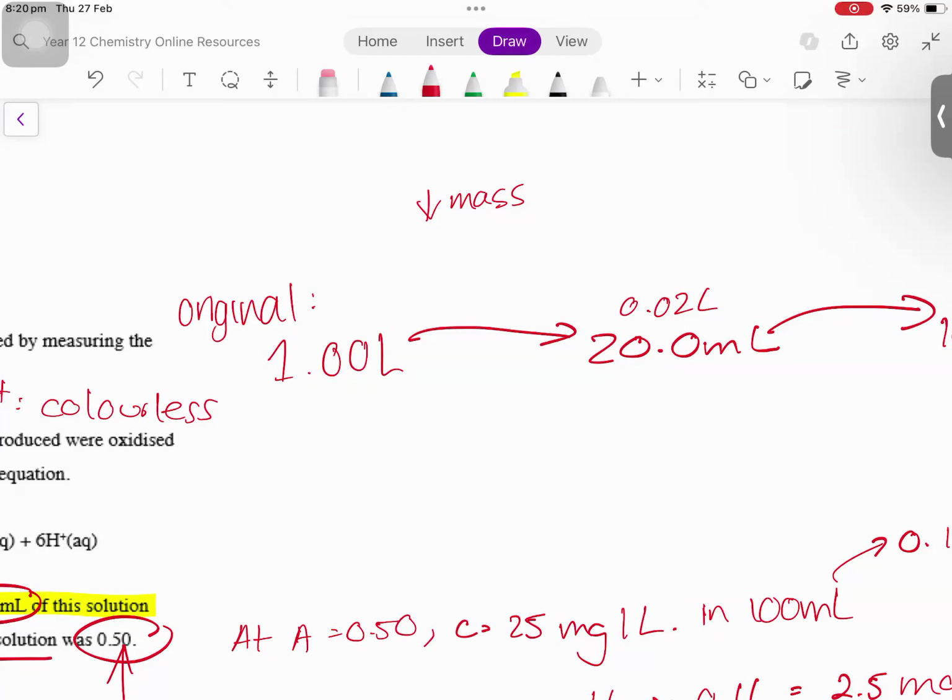It's like 50? 1 divided by 50. Yeah, 50. Okay. For them to go from 1 liter to 20 mils, they divided the volume by 50, which would have divided the mass in equal parts of 50 as well. Okay.